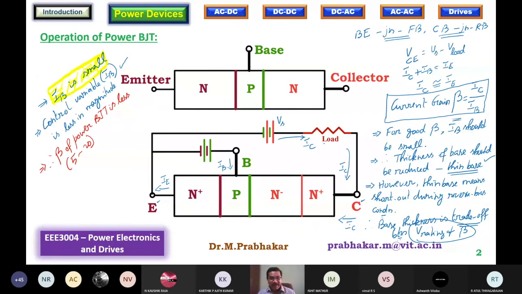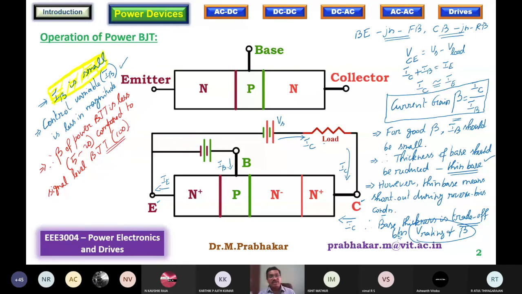5 to 20, we may think it is high, whereas when you compare it with the beta of a signal level BJT or a low power BJT, your classical semiconductor BJT, that is going to be in the range of 100.